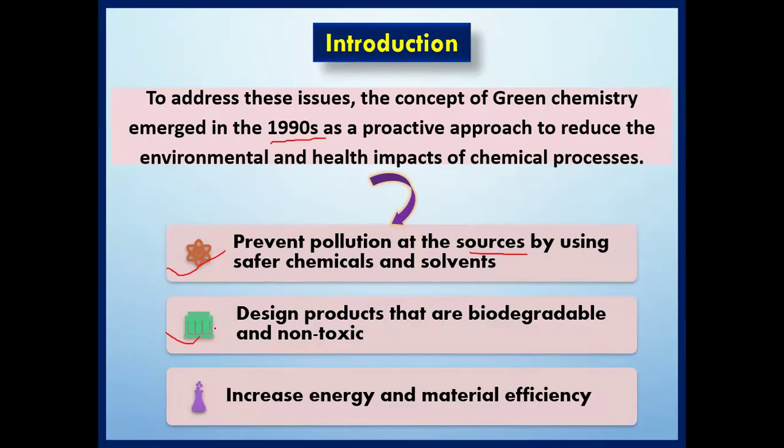It focuses on designing products that are biodegradable and non-toxic. It focuses on increasing energy and material efficiency. So basically, by adopting these three aspects, green chemistry reduces the environmental and health impacts of various chemical processes.